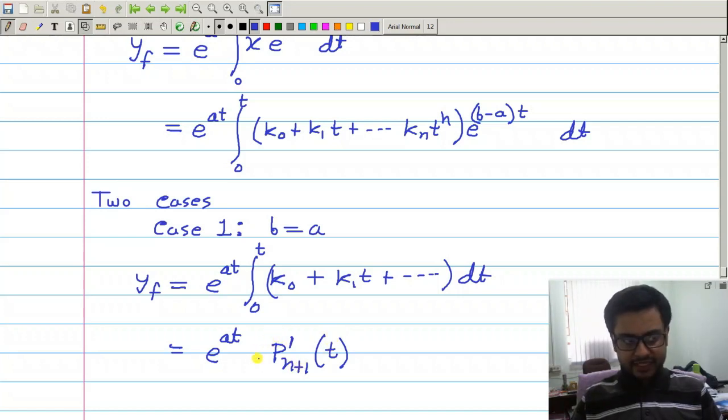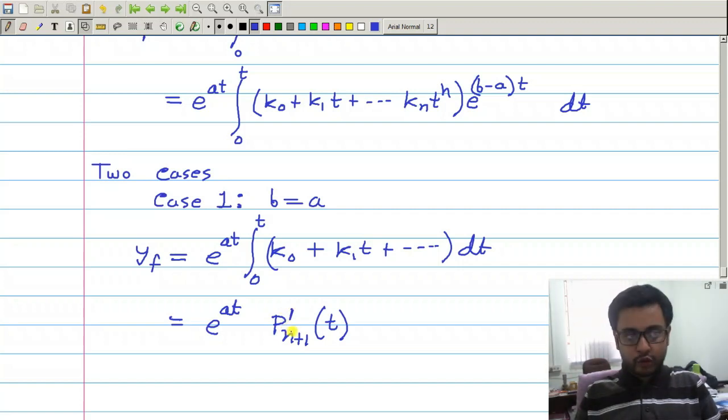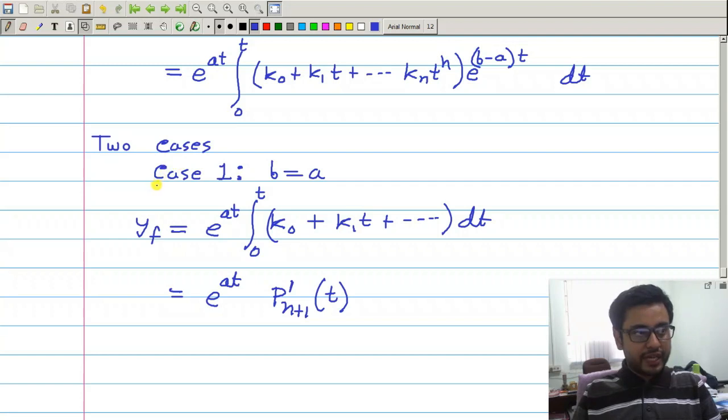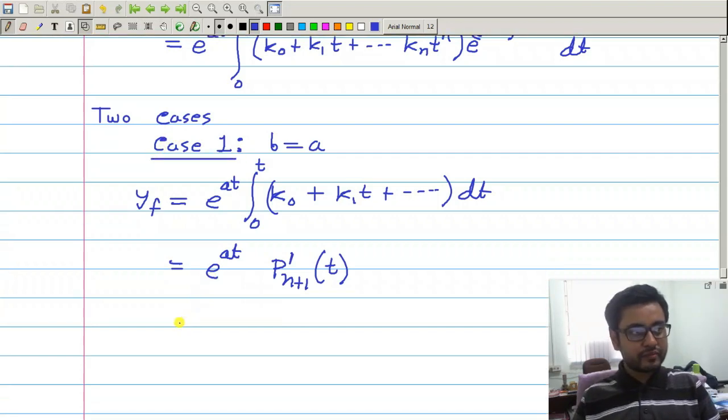I am just writing that the final result will be a polynomial of degree n plus 1 multiplied by e to the power at, because later I will not need the exact form of this polynomial or the detailed coefficient values. So let me keep it as a polynomial multiplied by e to the power at. So that is case 1.